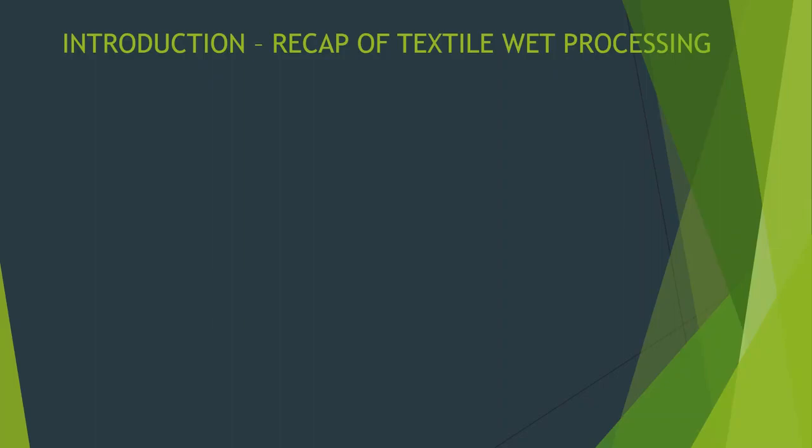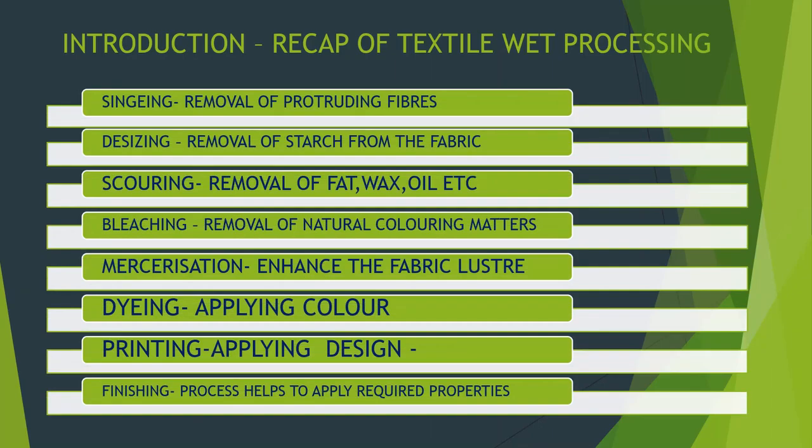Okay, so first I would like to give an introduction about finishing. So what is finishing? In the 4th semester, you have already learned about various textile wet processing. That is, the fabric is woven from the loom.